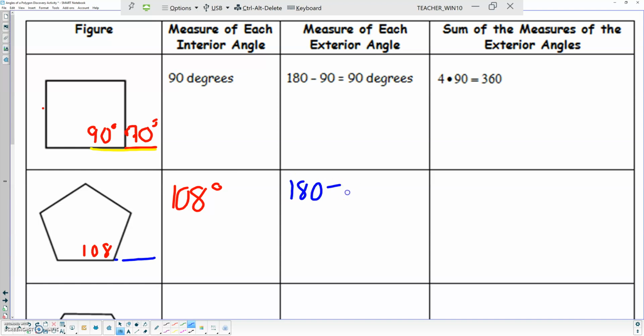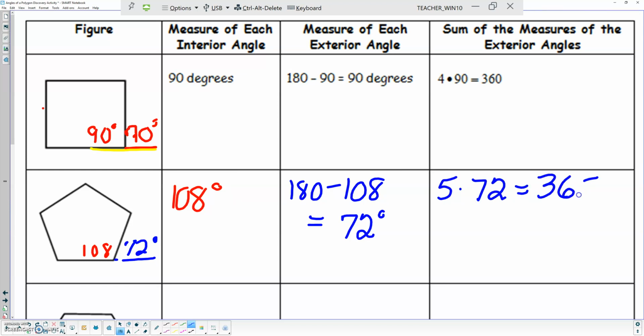So if I do 180 minus 108, we find that the exterior angle measures 72 degrees. Okay, so now I'm going to take my exterior angle, multiply it by the number of sides. So 5 times 72, the sum of the exterior angles is 360.